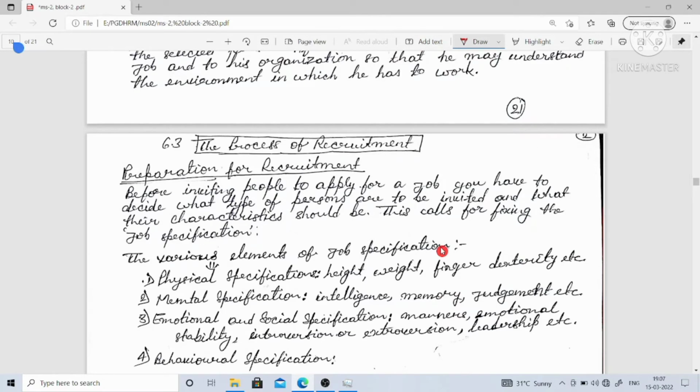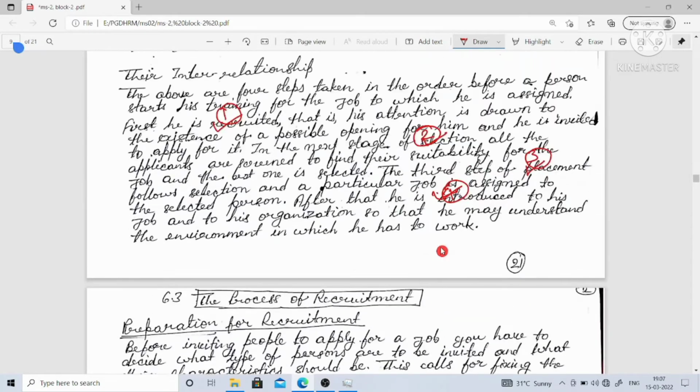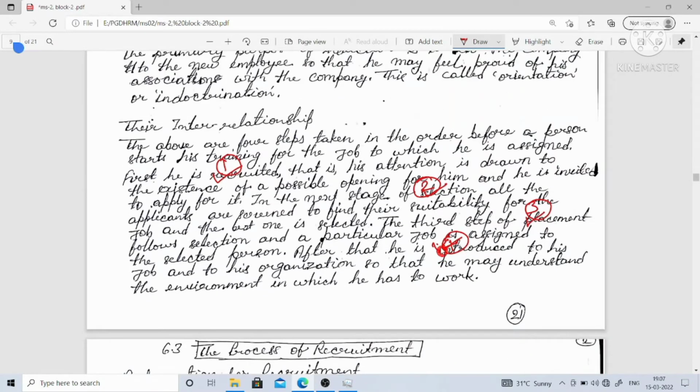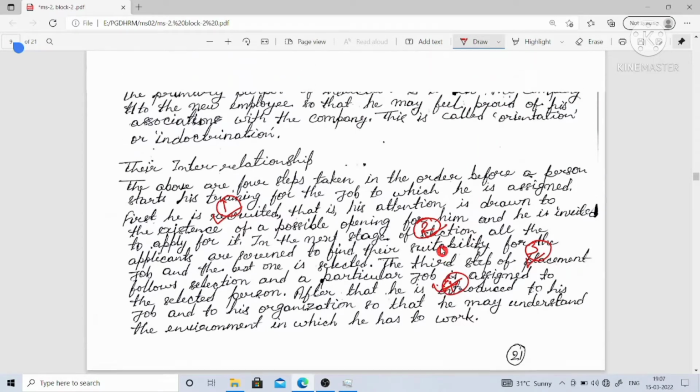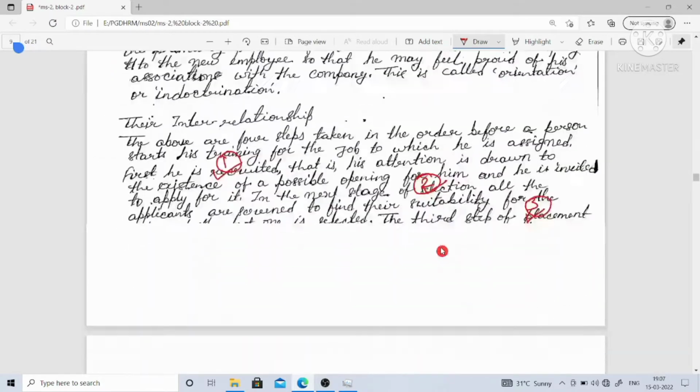So one by one I will explain all these 4 steps. I will explain recruitment, selection, placement and orientation or induction.